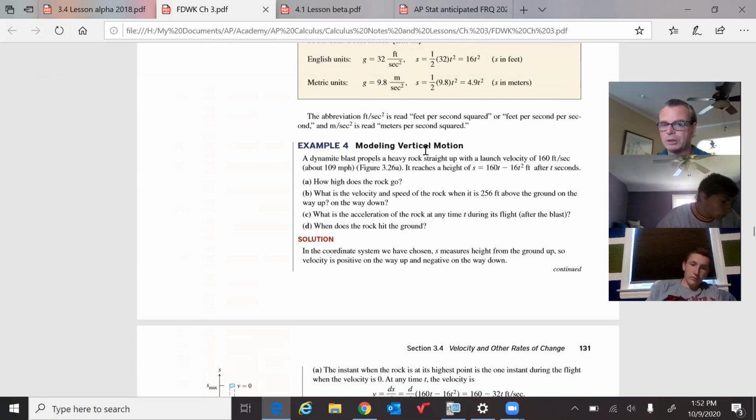Modeling vertical motion. So you saw this problem multiple times in Algebra 2. And what have you got? Here is position. S equals 160t plus a negative 16t squared.